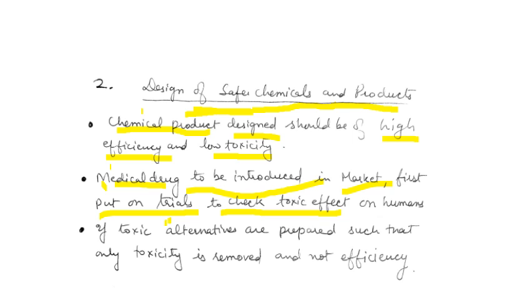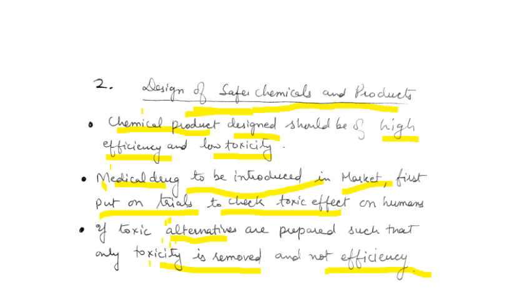If the effect is toxic, we have to go for alternatives. If it is found toxic, an alternative should be prepared, so that only the toxicity is removed. For that, toxicity is removed, not the efficiency.